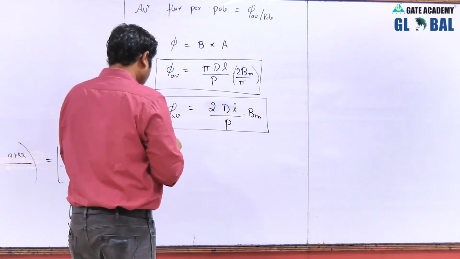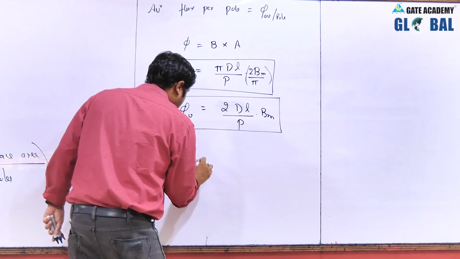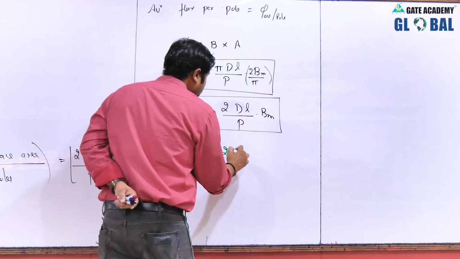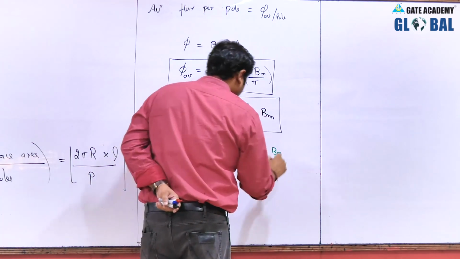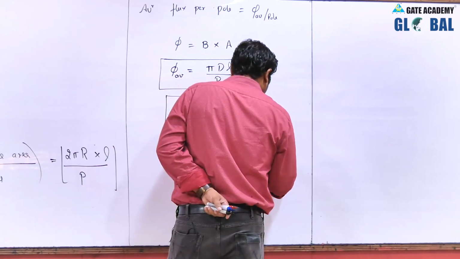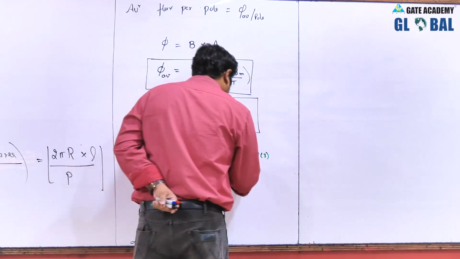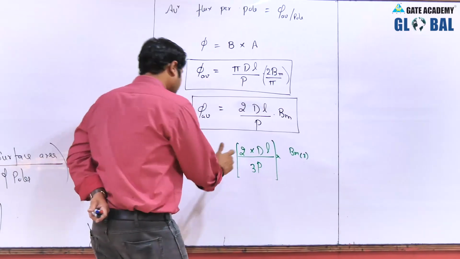Similarly, for the third harmonic, the average flux per pole becomes 2 into D L by P into Bm of the third harmonic, and the number of poles for the third harmonic is 3 times that of the fundamental, so 3P.